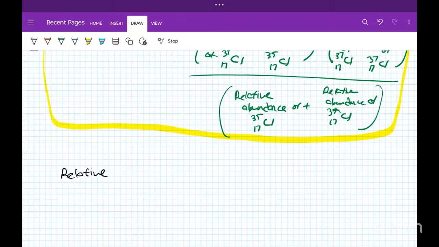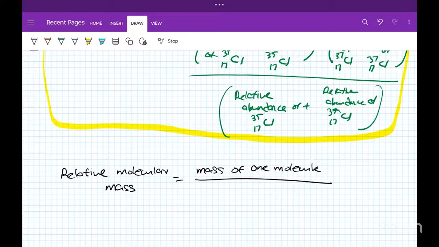Very simple concept, but a very powerful concept. Relative molecular mass can be calculated as the mass of one molecule divided by 1/12 of the mass of a C-12 atom.